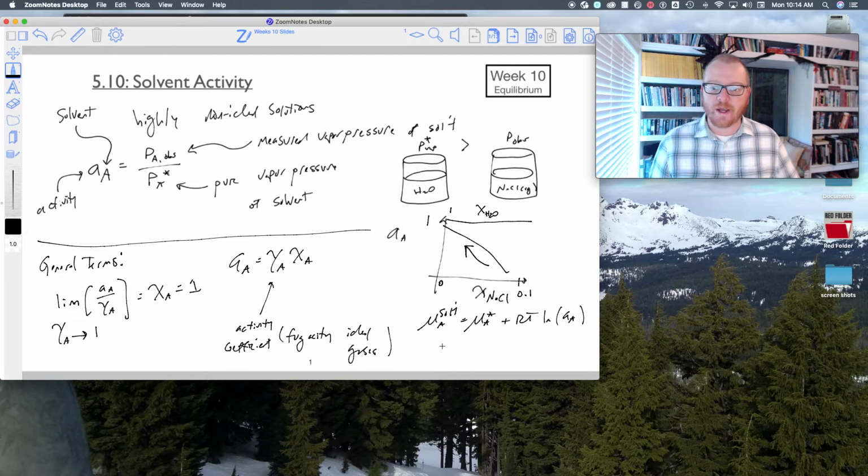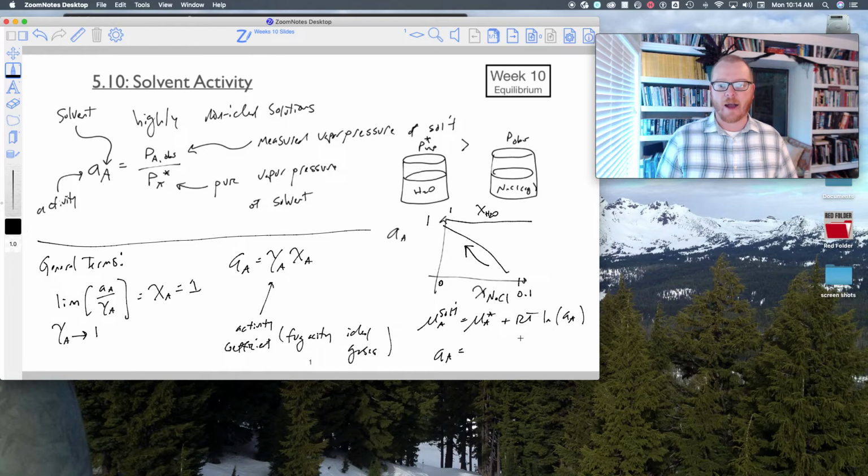I'm just going to do some quick algebra here. This is getting into the statistical mechanics of activity, right? If I rearrange this equation, I subtract to the other side, so I'll say mu A solution minus mu A star.